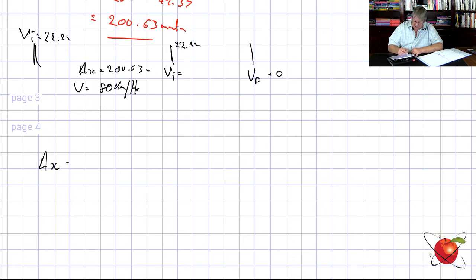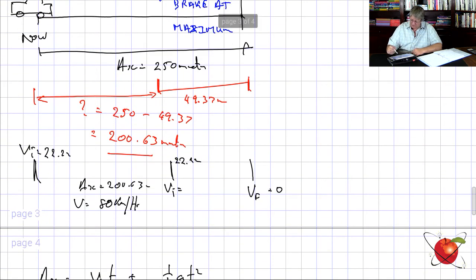Delta x is equal to VI times t plus a half AT squared. What is the acceleration in the first piece? Let's go back, shall we? Let's put in green. Acceleration here. Well, the acceleration here is minus 5 meters per second squared, is it not?